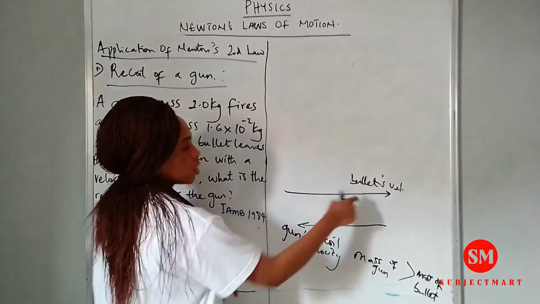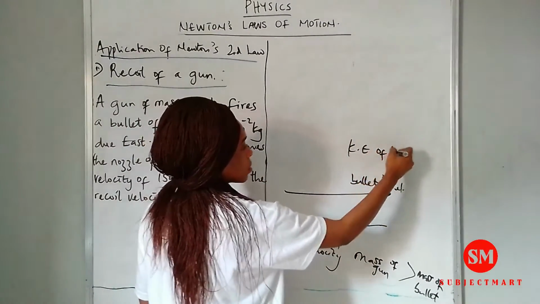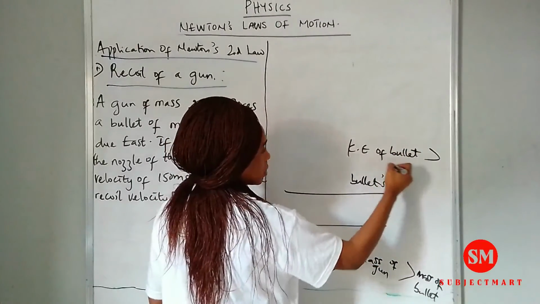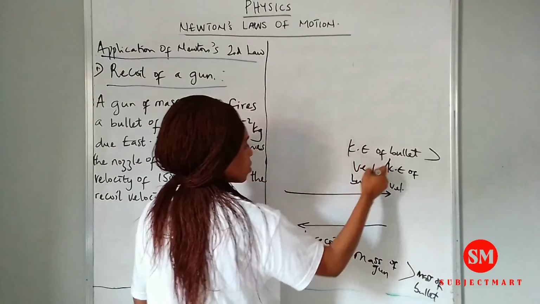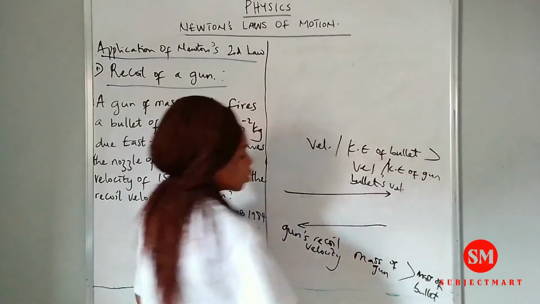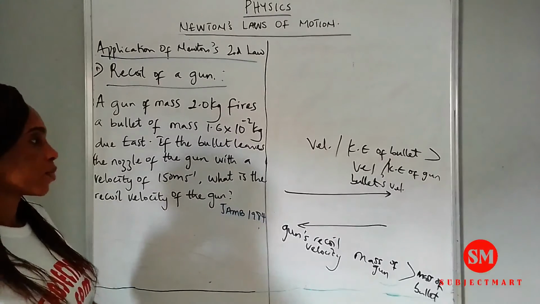So the kinetic energy of the bullet is greater than the kinetic energy or velocity of the gun. So it's very important that you take note of that.